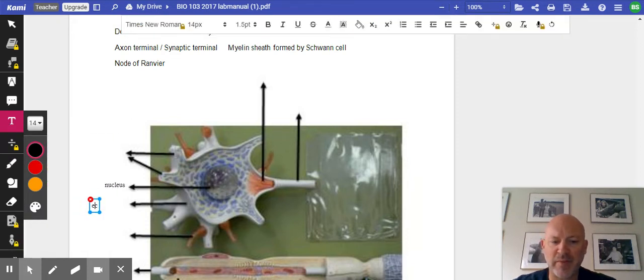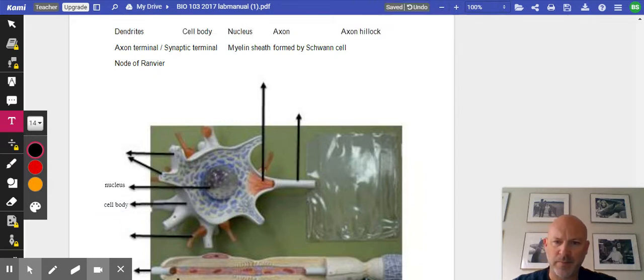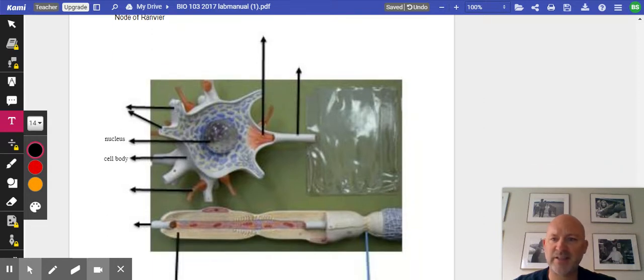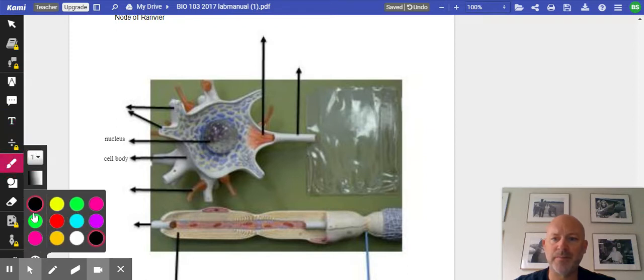So let's write cell body. That one. Of course. This thing gets me every time. Then you can see there's a long extension coming off the cell body. Actually, this extension has been cut right here.